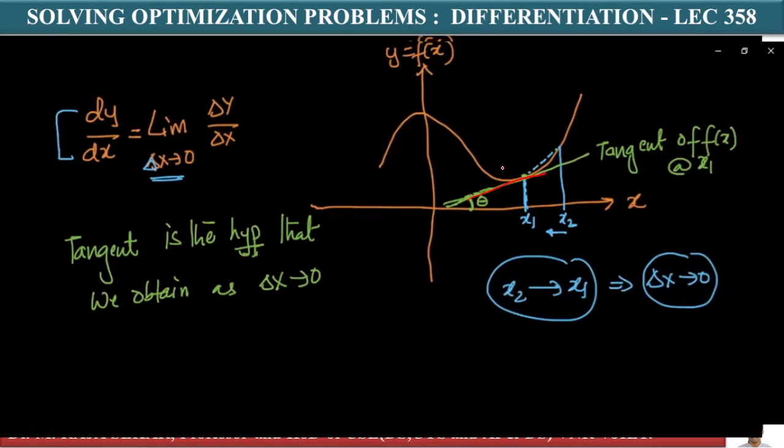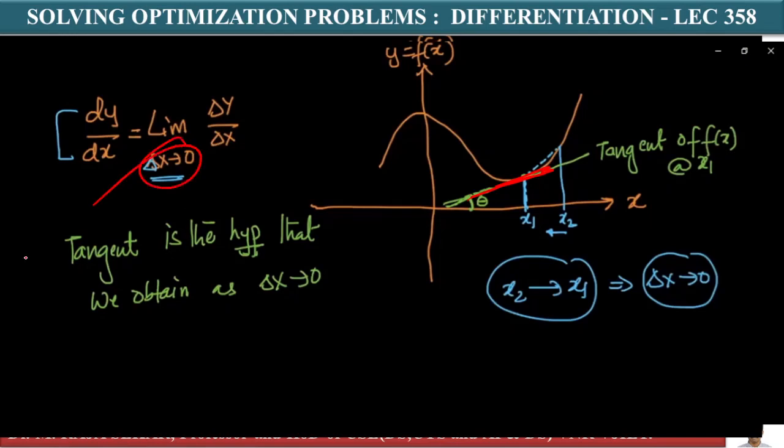Now since we said tangent is a line, remember this is the hypotenuse. Yes, this is called the hypotenuse, isn't it? This tangent is the hypotenuse for our right triangle. How are we getting this hypotenuse? We obtained it as delta x goes to 0.